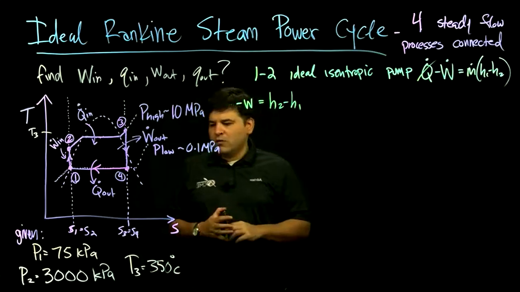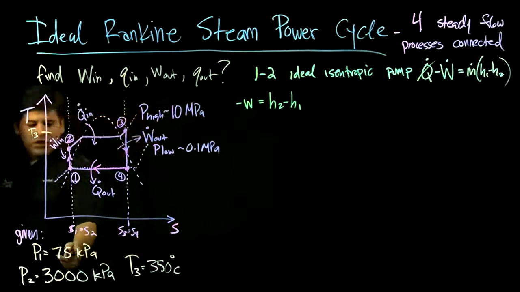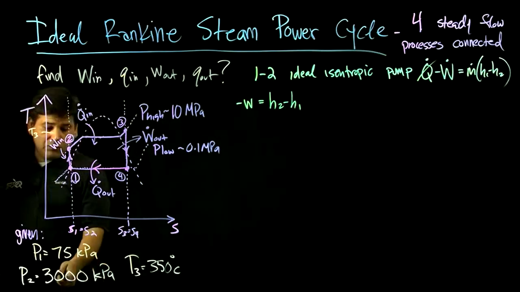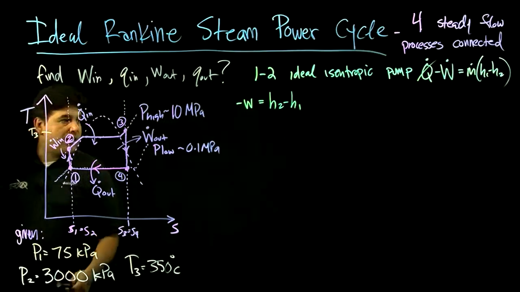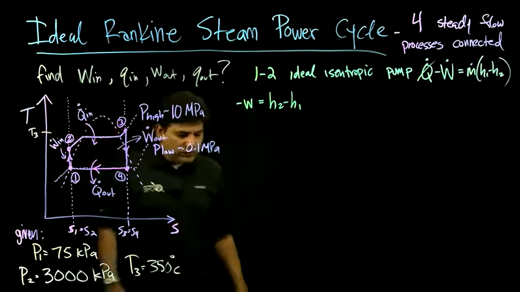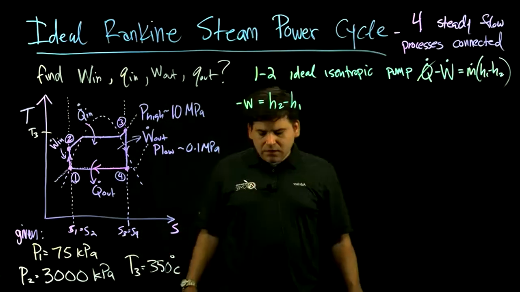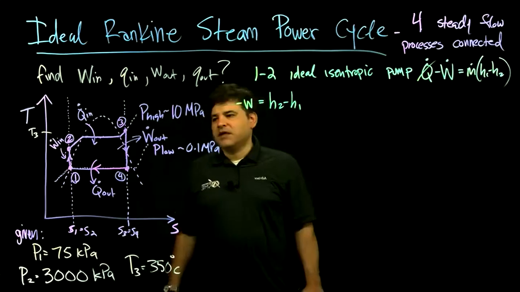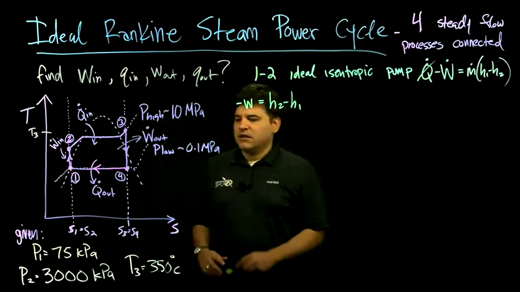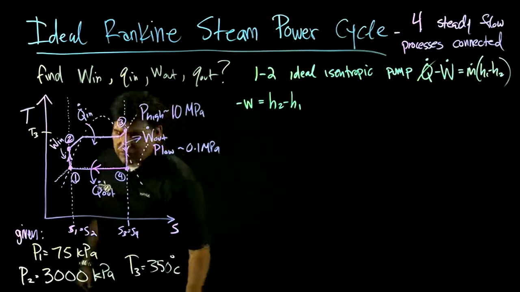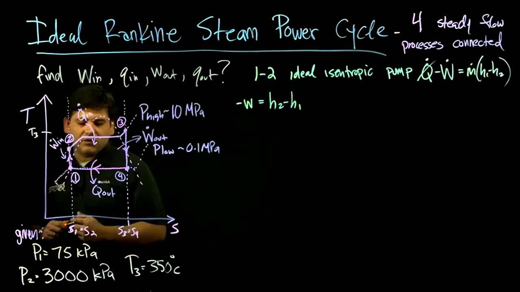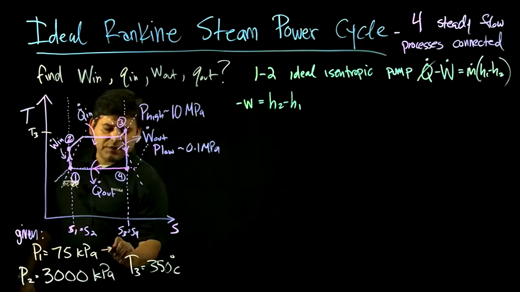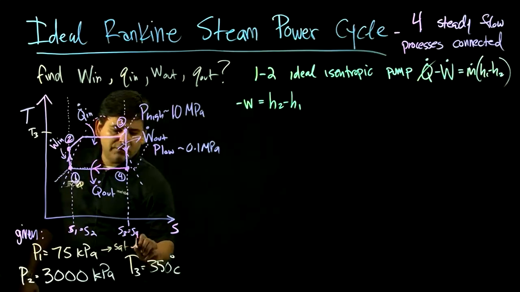Okay, we know P1, we know P2, but we do not know much else, besides the fact, let's say that we're also given from this ideal cycle that this is a saturated liquid.